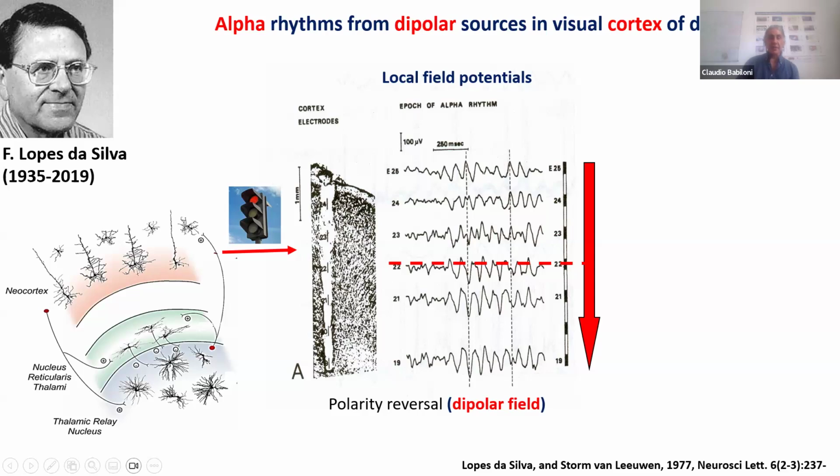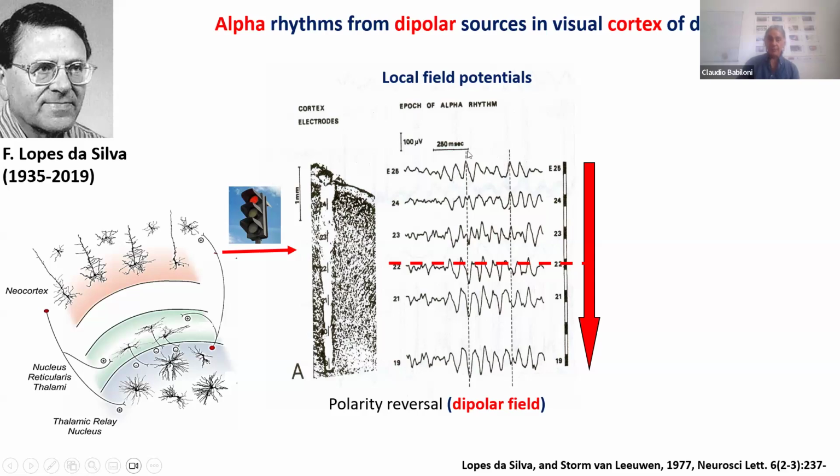In other words, you see the layers of the cerebral cortex from the surface layers to the deep layers. You see this EEG alpha, the local field potentials showing alpha rhythms.